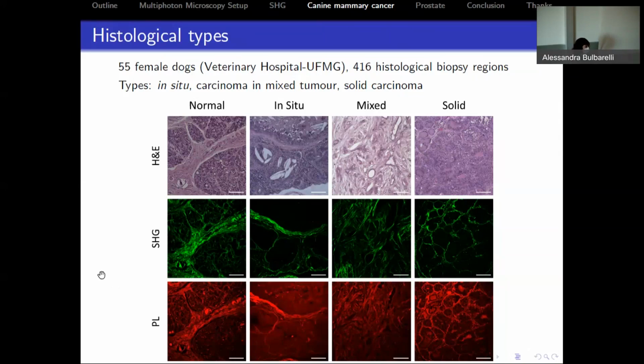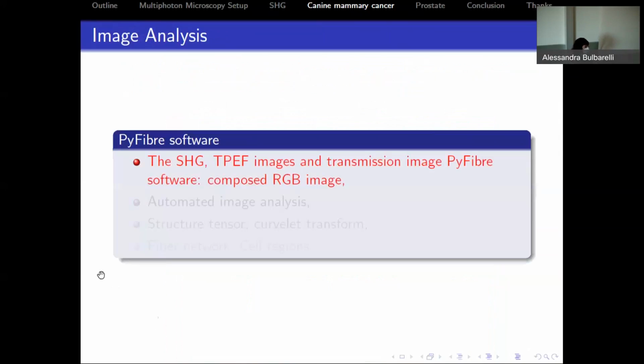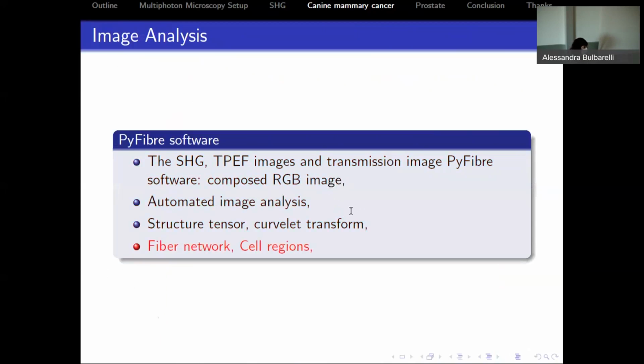With that, we took the second harmonic, the fluorescence, and the transmission images and made a composite RGB image to be treated by the software. With that, we could get an automated image analysis to extract the fiber network and the cell regions in the image automatically.